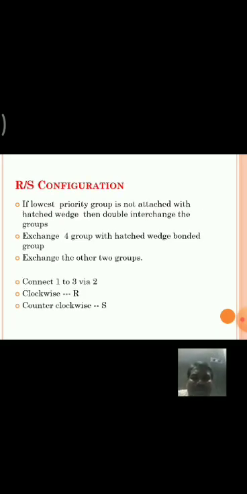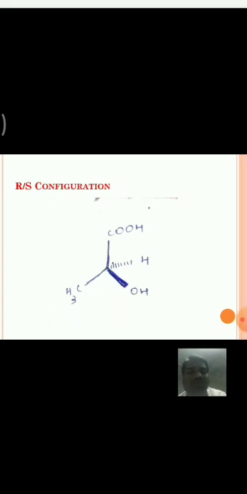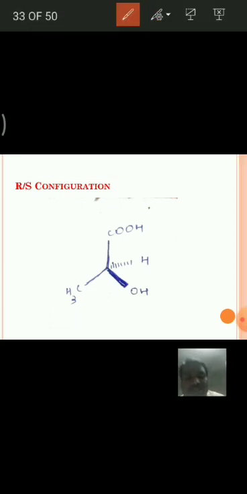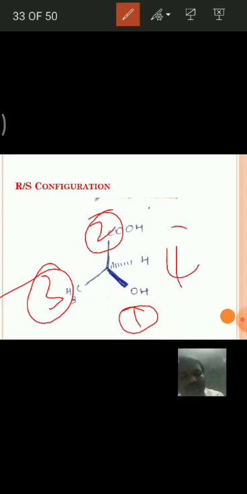See here. First of all, we have to assign the priority. For that, OH is given first priority, COOH will be given second priority, CH3 will be given third priority, and hydrogen will be given fourth priority. And in this example, the fourth priority or the least priority group, that is hydrogen, is attached with hatched wedge, so there is no problem.